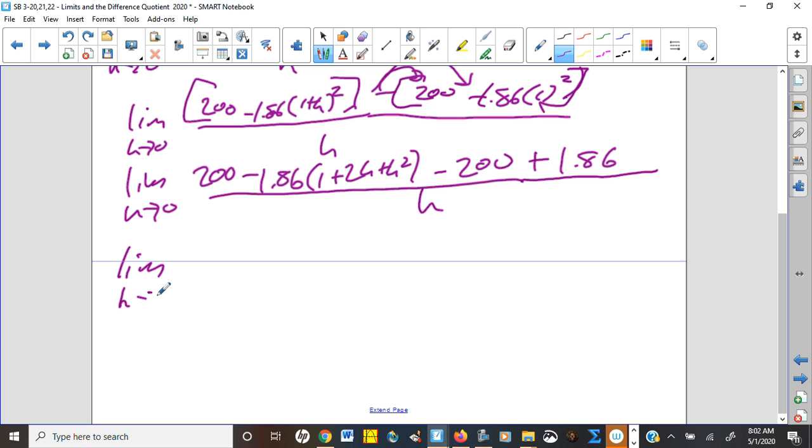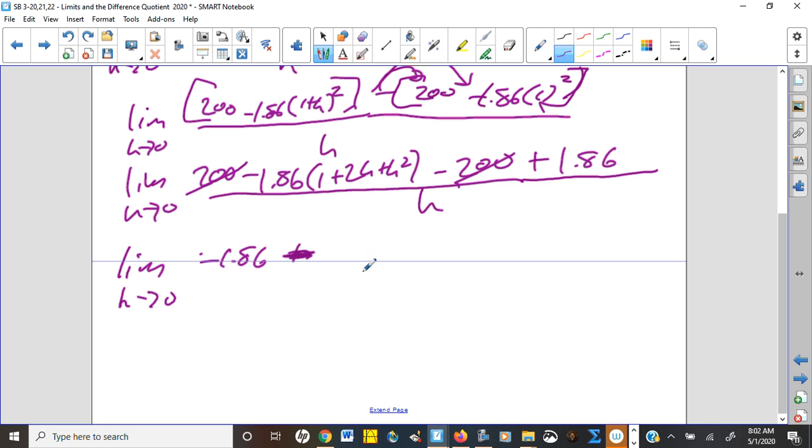So what can we do? Well, first of all, we might as well just get rid of these 200s. Why not, right? So the 200 and the negative 200 are gone. Now I'm going to distribute the negative 1.86. So negative 1.86 plus, actually it's going to be minus because it's negative times a positive.